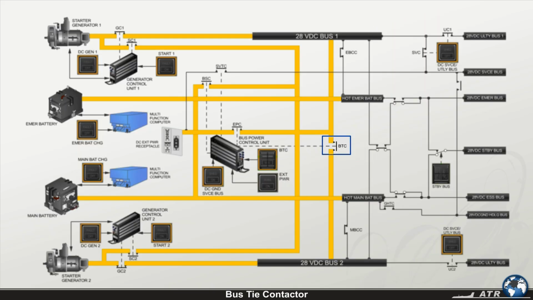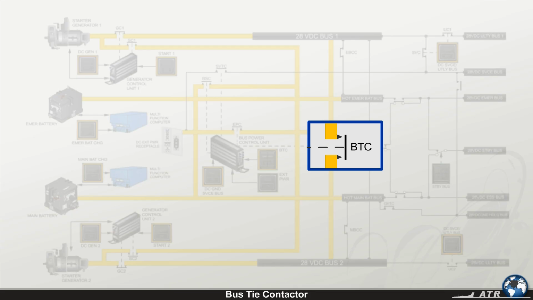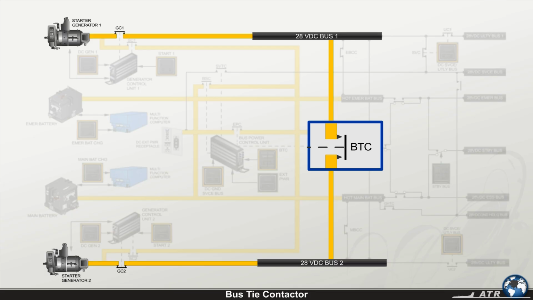The bus tie contactor, BTC, is designed to automatically provide the connection between the two main DC buses in case one generator is inoperative.